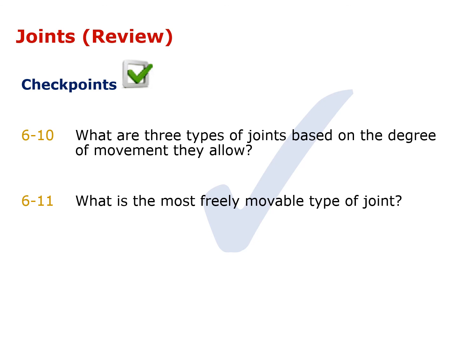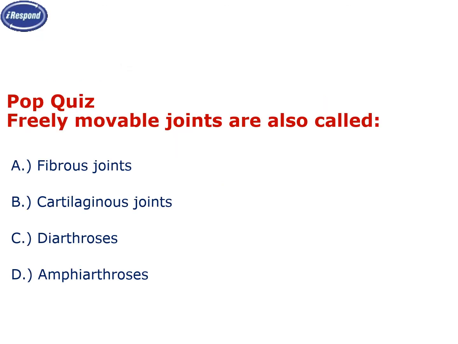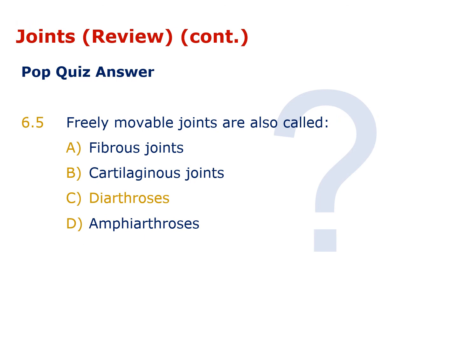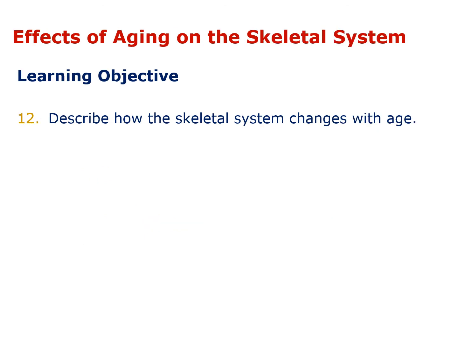Well, the diarthrosis, but the one particular joint, the ball and socket, is the most freely movable type of joint. Freely movable joints are also known as diarthroses.